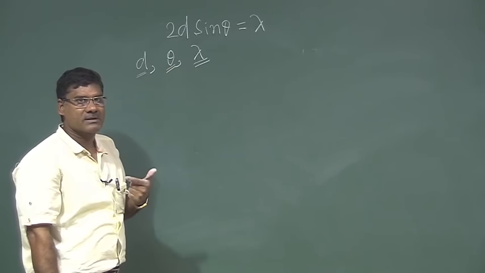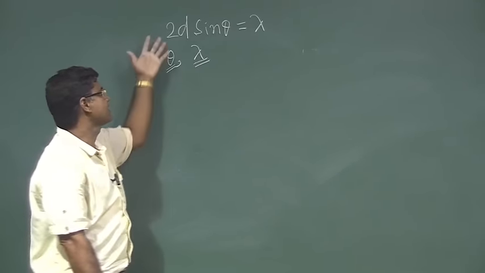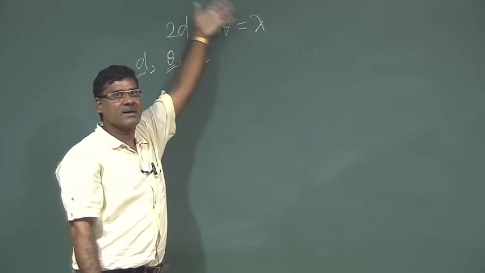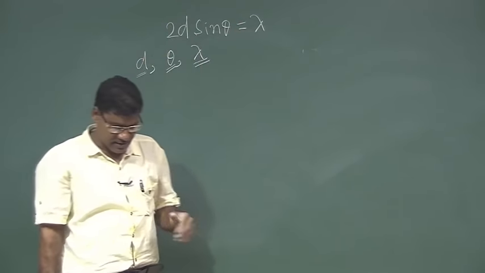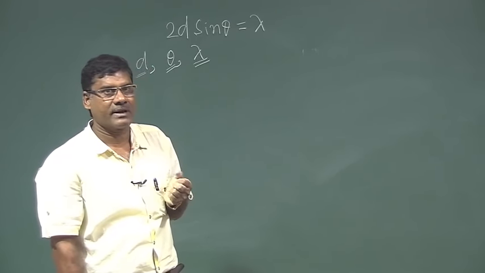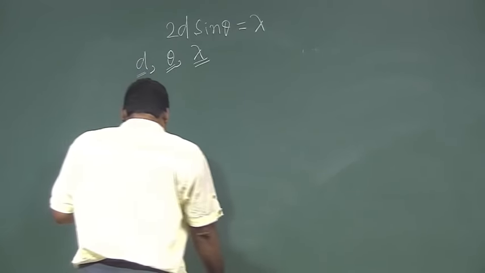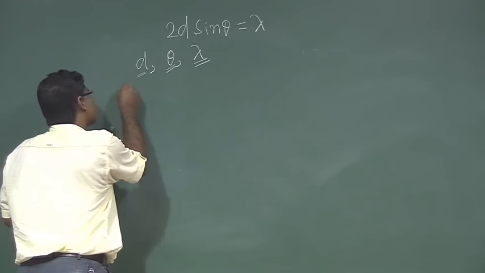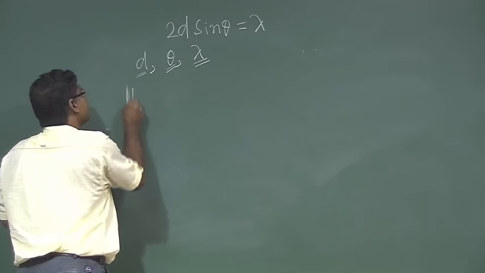One variable is a must, because to satisfy this condition there has to be at least one variable, right.